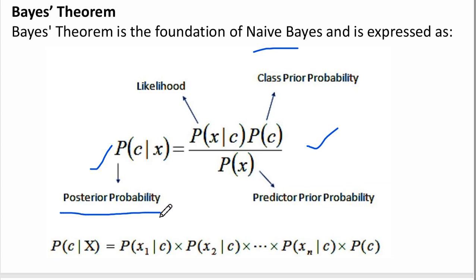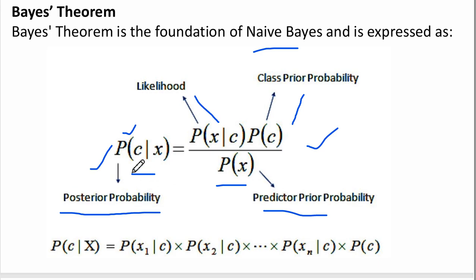Posterior probability: P of C given X equals P of X given C times P of C, divided by P of X. Here P of C given X is the posterior probability, P of X given C is the likelihood probability, P of C is the class prior probability, and P of X is the predictor prior probability. Predictor means the instance for which we have to find the class.